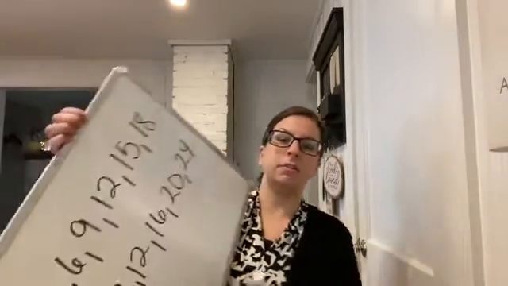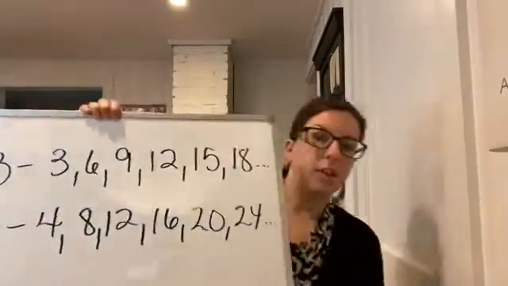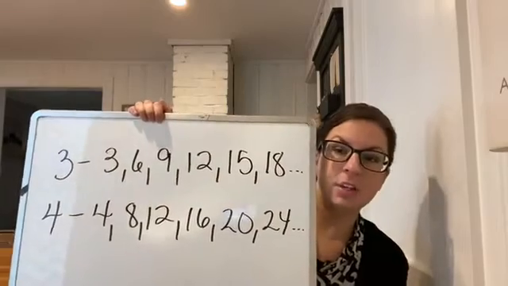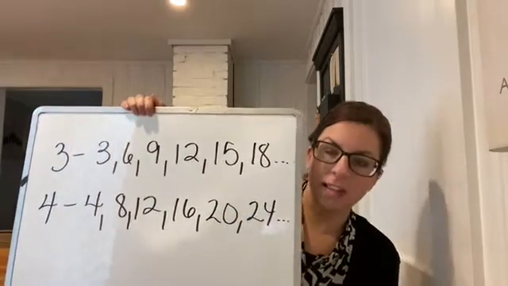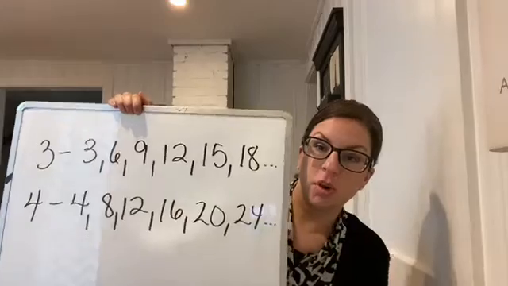Now, what is a multiple? I have been telling you all year, it is so important to learn your multiplication tables, okay? So when we do our 3 multiplication tables and our 4 multiplication tables, the answers are all multiples. So the multiples of 3 are 3, 6, 9, 12, 15, 18, etc. That's also called skip counting.